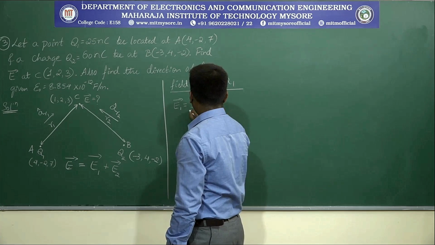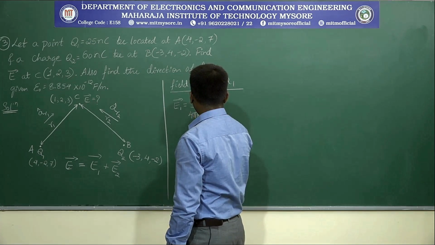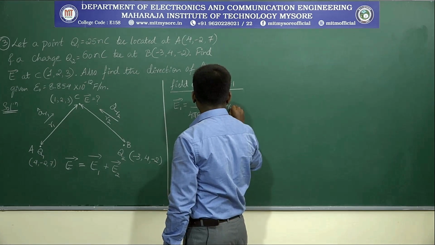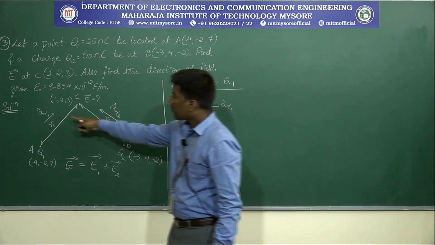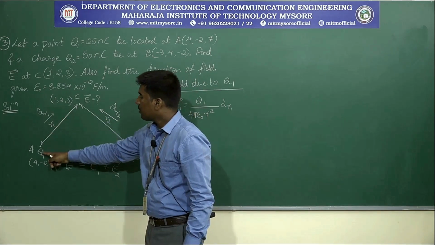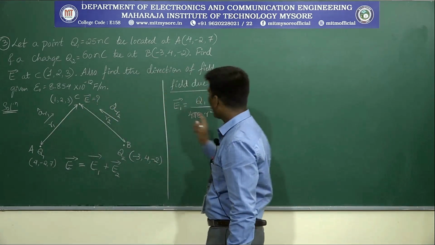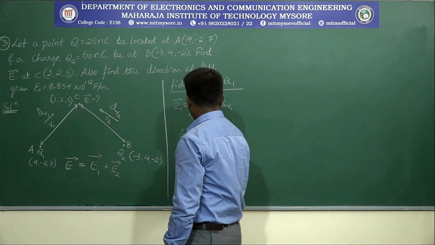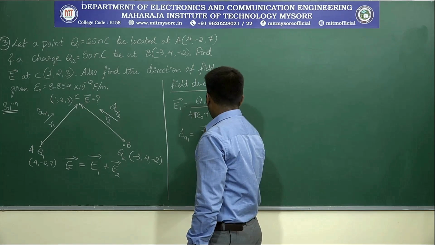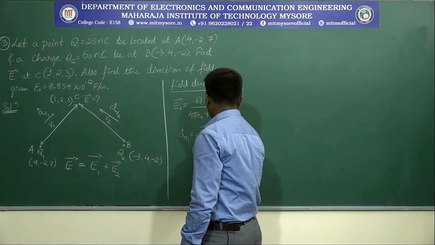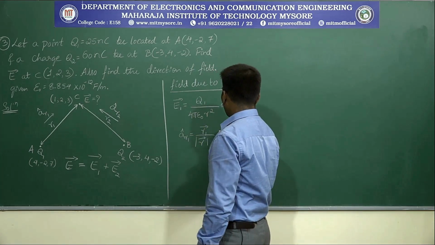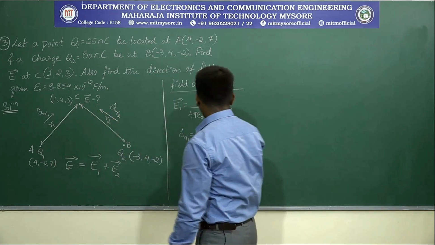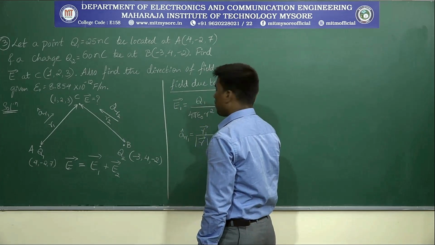Q1 divided by 4 pi epsilon naught into R square into A cap R1, because A cap R1 is the unit vector from point A to C, right? So we need to find A cap R1. A cap R1 is equal to R1 divided by the magnitude of R1. What is R1? R1 is the distance between these 2 points. We need to apply the distance formula. How to apply the distance formula?